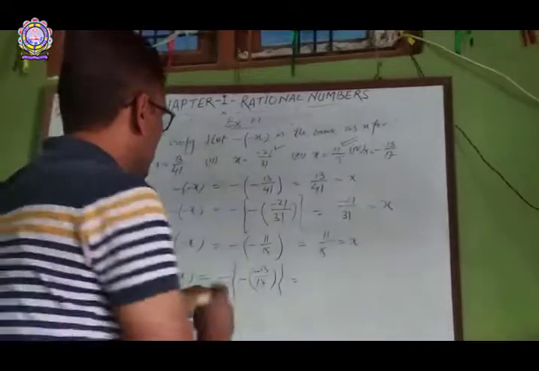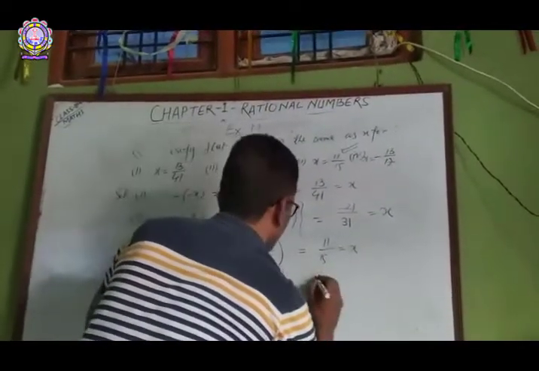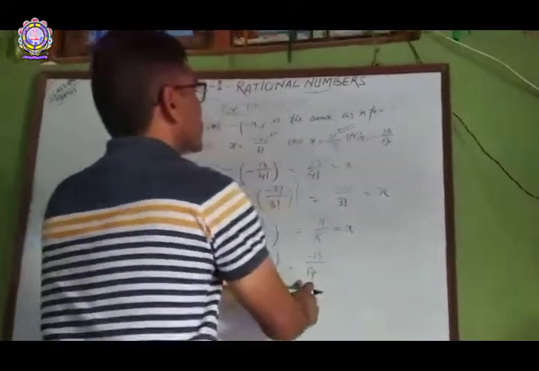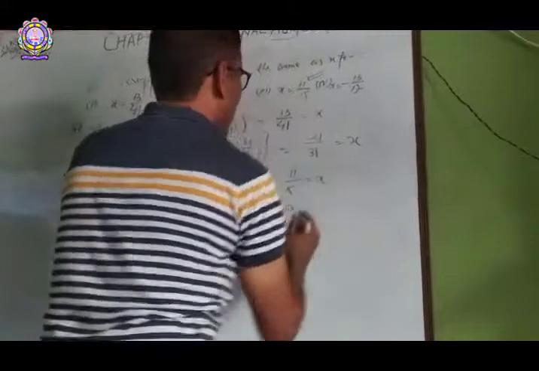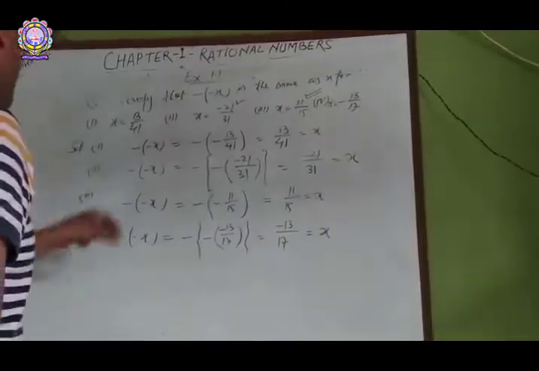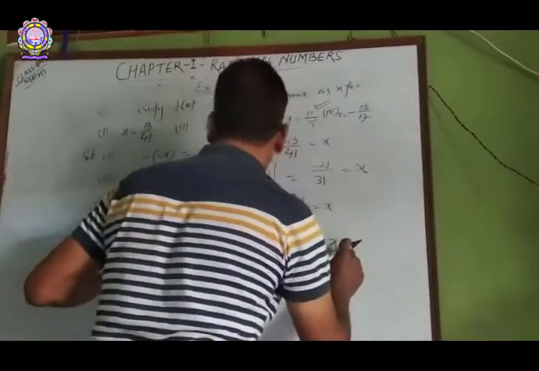When we solve this, minus minus plus and plus minus minus, minus 13 upon 70, is equal to x. Here we can say that minus of minus x is same as x.